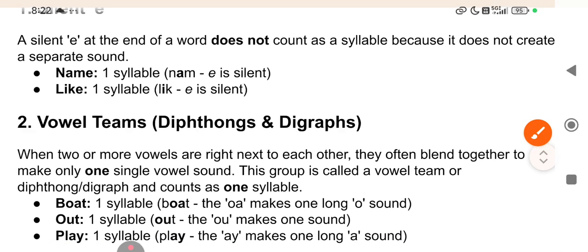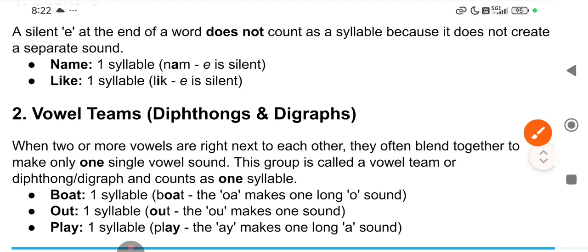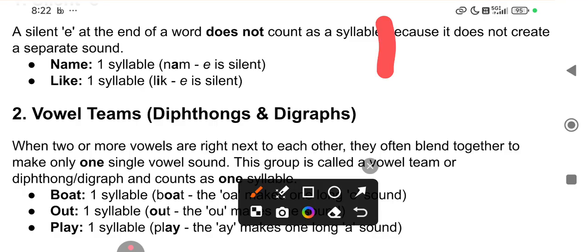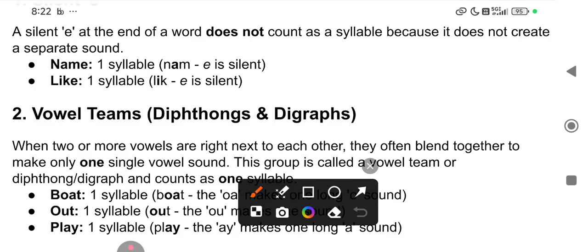So silent E: when we count the syllables, we have to keep in mind silent E. Silent E at the end of the word does not count as a syllable, right?